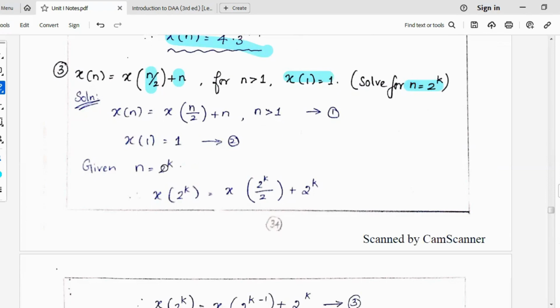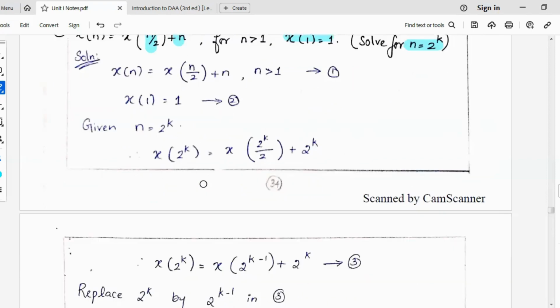Here I'm going to replace the n value by 2 power k. Okay. x of 2 power k equal to x of 2 power k by 2 plus 2 power k, right? I am substituting 2 power k in the place of n. So now 2 power k by 2, this division can be represented as 2 power k minus 1, right?